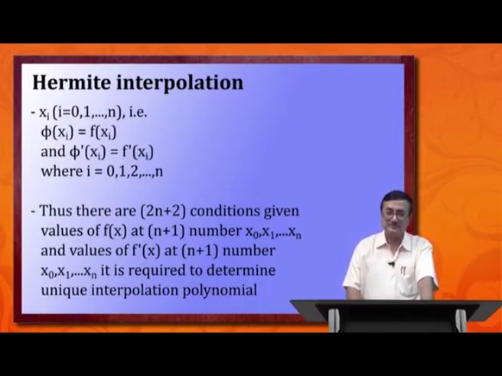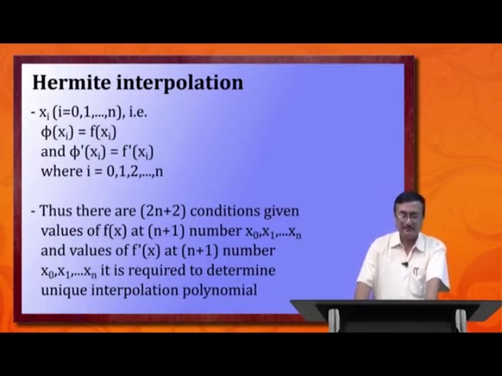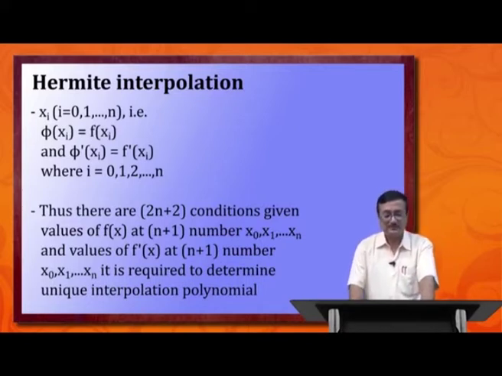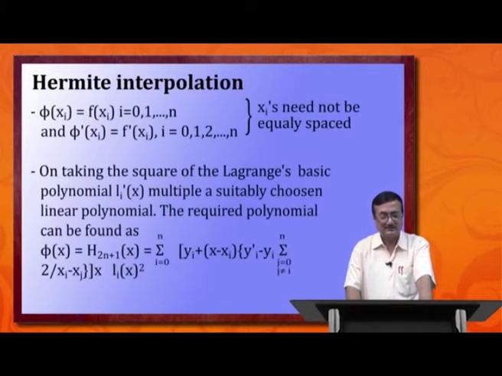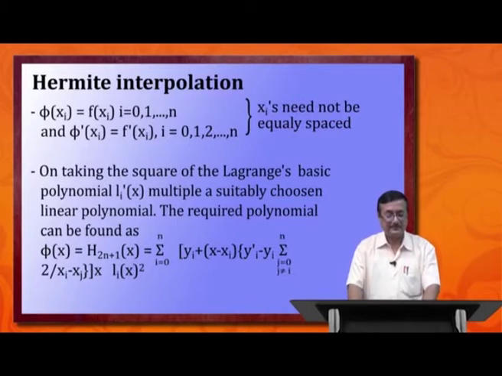Because there are 2n plus 2 conditions, we should have a unique interpolation polynomial phi(x) whose degree would not exceed 2n plus 1, satisfying the conditions phi(xi) equal to f(xi) for i equal to 0 to n, and phi'(xi) equal to f'(xi), i equal to 0 to n, where the xi's need not be equally spaced.